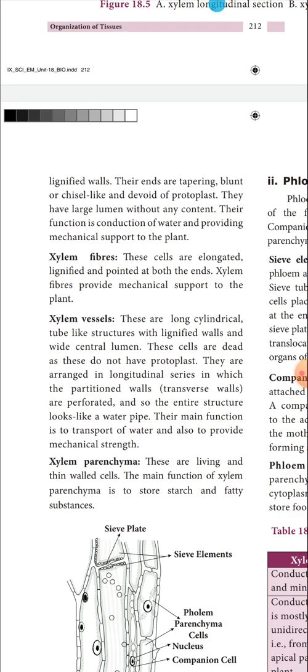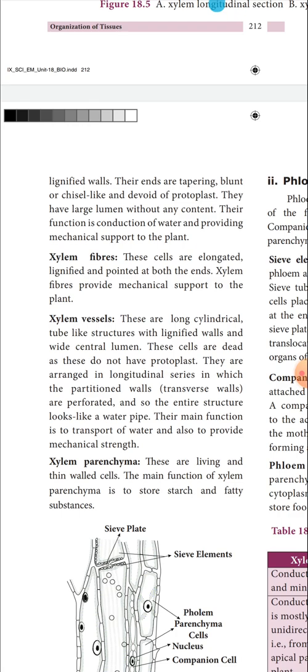Wherever parenchyma is present, whether in the leaves or in the root, the main function is to store food material. Same way in xylem also, xylem parenchyma is present, and it provides storage of food material.